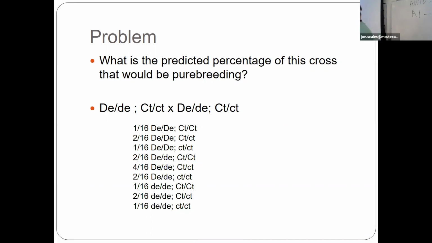So what's the probability of a homozygous genotype from a cross of two heterozygotes? There's the cross, heterozygote, cross with a heterozygote. There are the genotypes. What's the probability of being homozygous? 1/16, right?